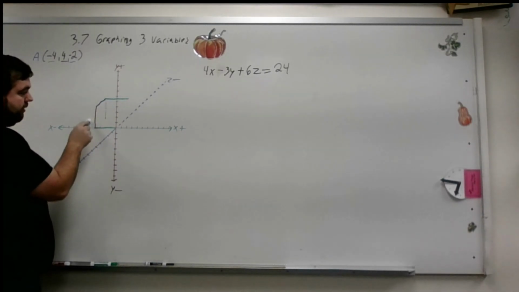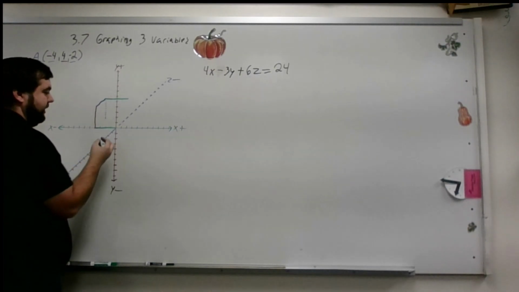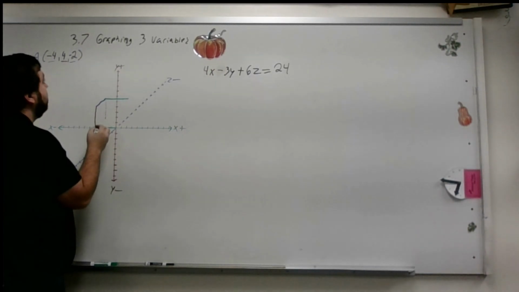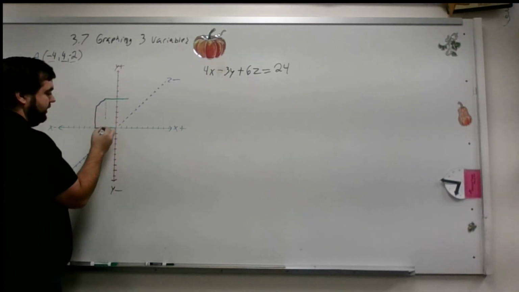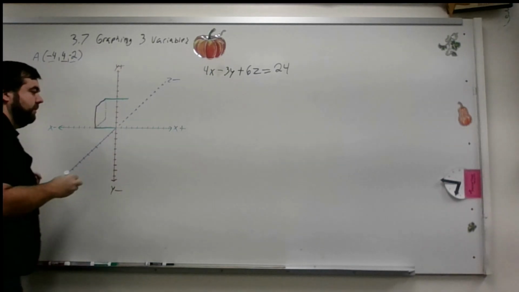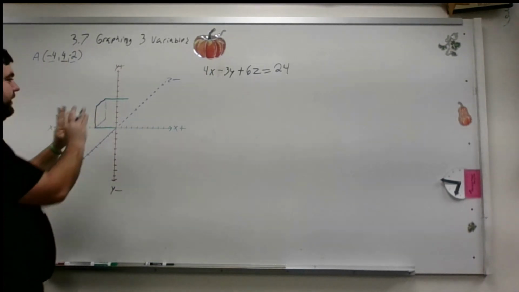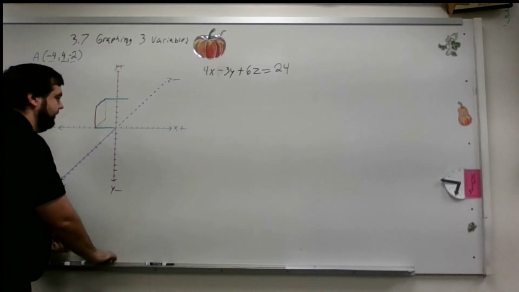This one already has an x and a y, so let's add in our z. Again, we went -2, so we're going to go -2. I'm putting dotted lines to show that they're inside the cube and we really can't see them.